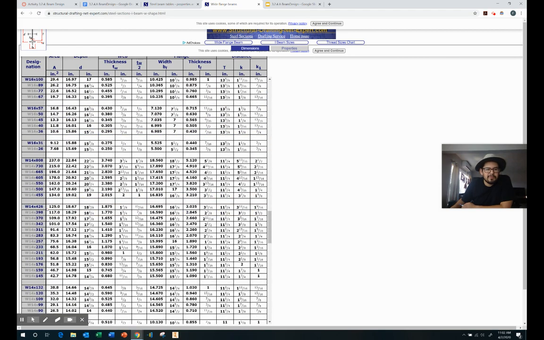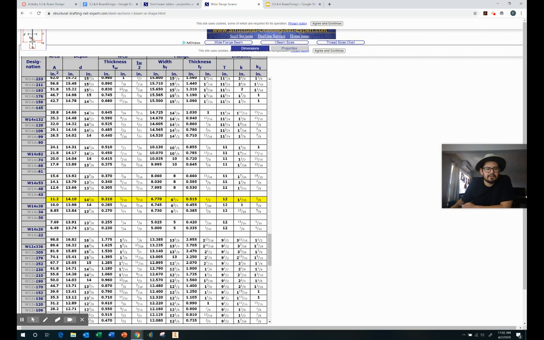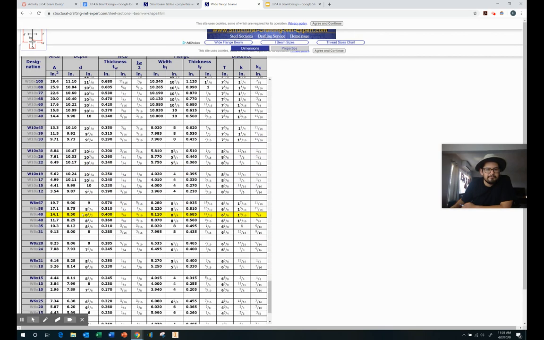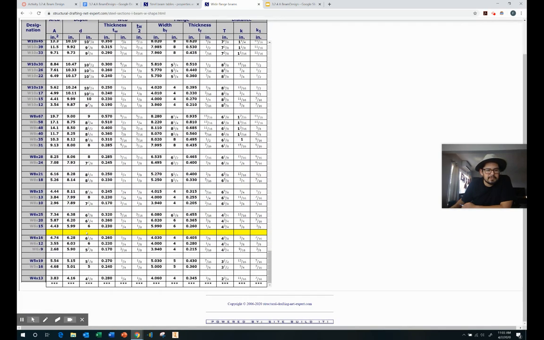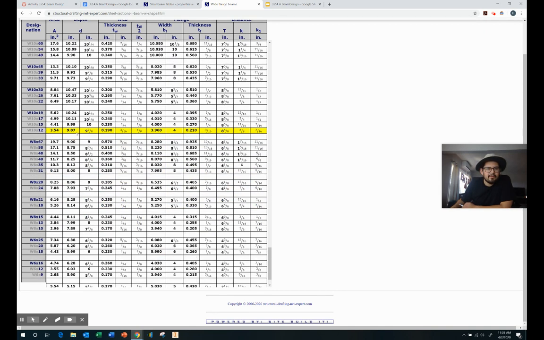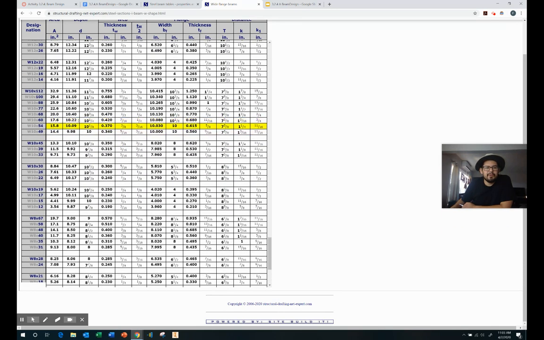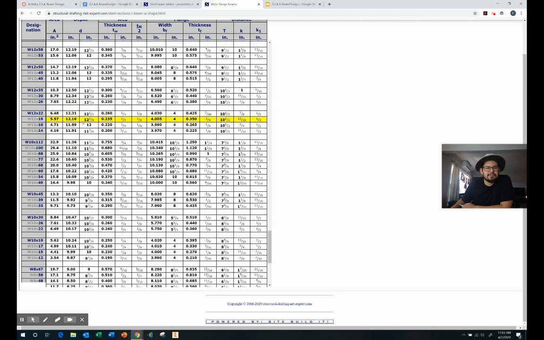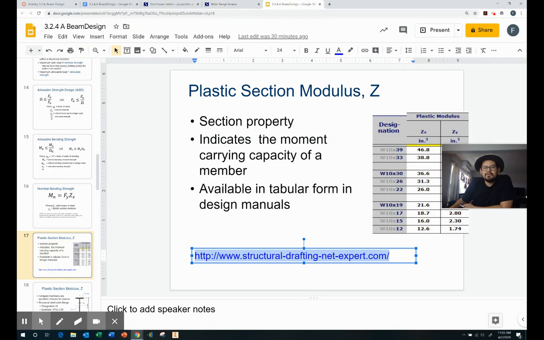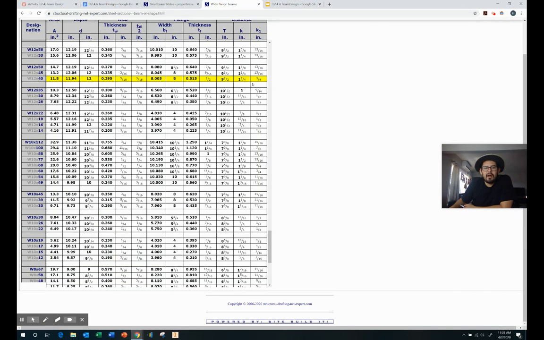If I look at something like a W14 by 426, let's say a W5, a W6, a W8, you'll notice that nominally it's 8 inches, 10 inches. Yeah, it's a little more, but the 10 is the leading number. You can round up to 10. This is 12, so how tall is the object? It's just the height of the beam itself. That's one of the columns on there.